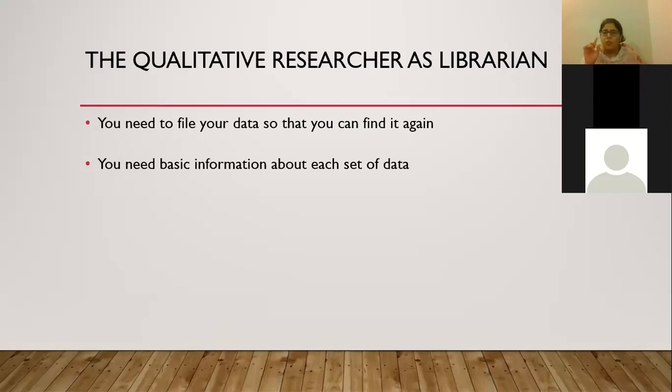Within the slides also, there is a name. If you see that online classes folder that I have on Google Drive, you will see that every file is marked accordingly. Every video file, every presentation file has an identifiable name. That's exactly what you need to do with your data. You need to name it in a way that you can recognize that name later. Since there are a lot of ethical protocols that we need to follow, we cannot name them with the person's name.